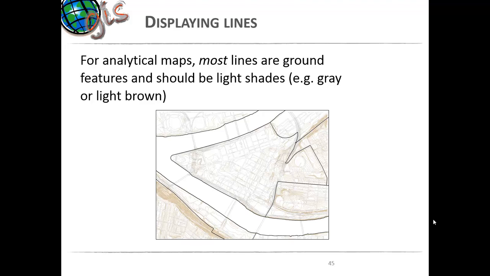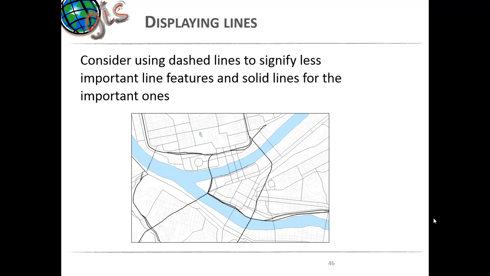So for example, contour lines in this map are important to identify the terrain, but they're not extremely critical, so you've got to use a light brown to display this information. The same goes with streets, so you use the same color combination to display these lines.